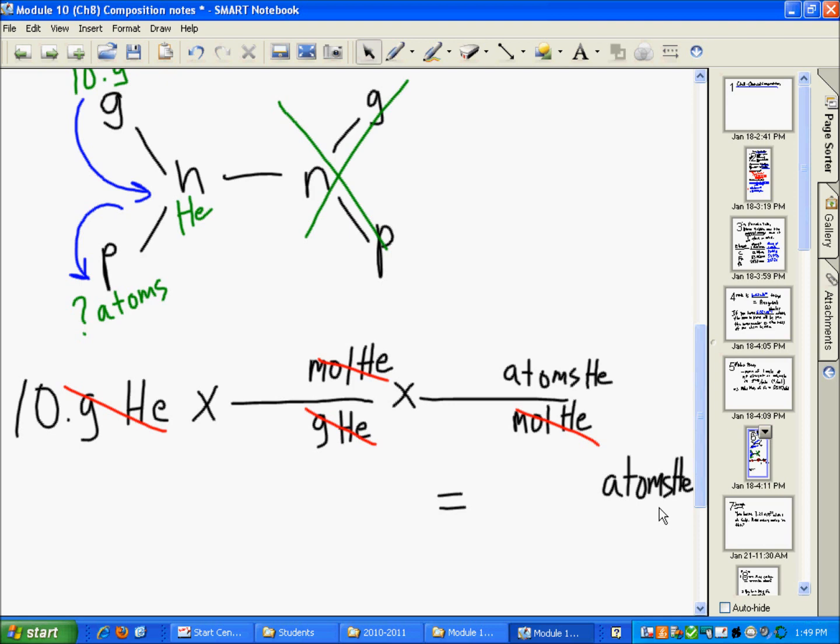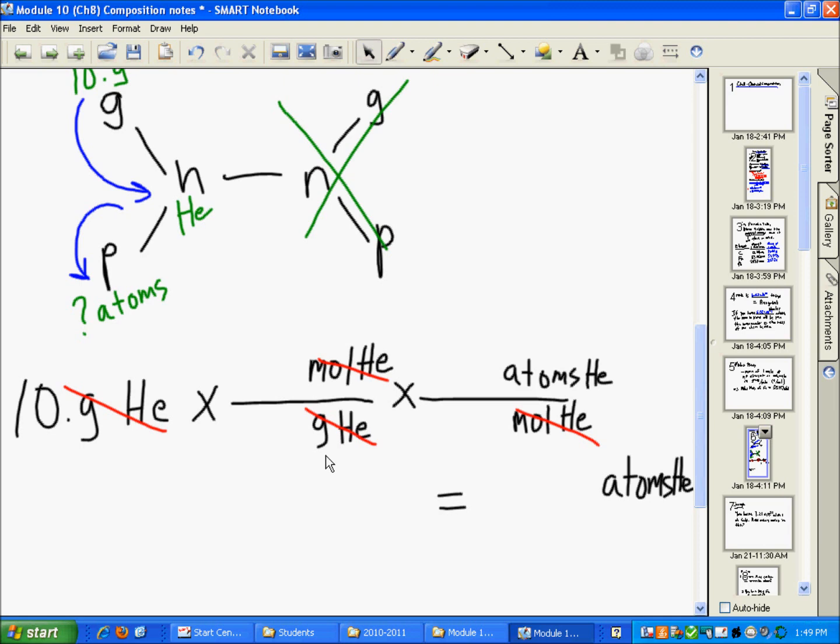The next thing to do is to put numbers that go with these units. Grams per mole of helium. Where do you think we can find that? It's not 6.02 times 10 to the 23. On the periodic table, right.